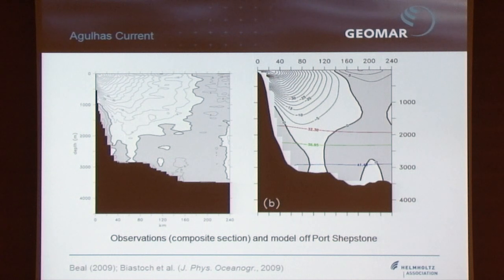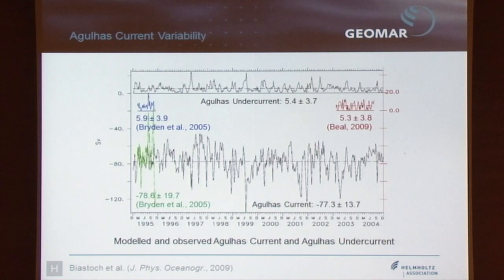And if you look at the variability, and this is one more synonym for the nonlinear interactions in the Agulhas current, you see variations from 40 sverdrups up to 100 sverdrups, sometimes even more, compared to the mean value of 77 sverdrups at that particular latitude.